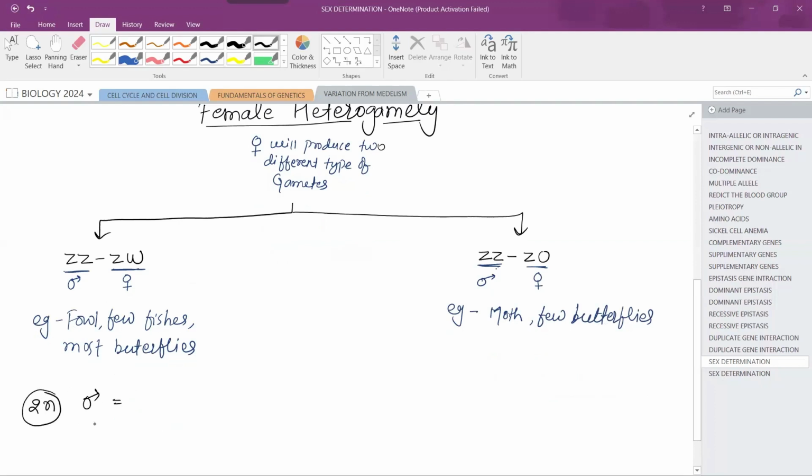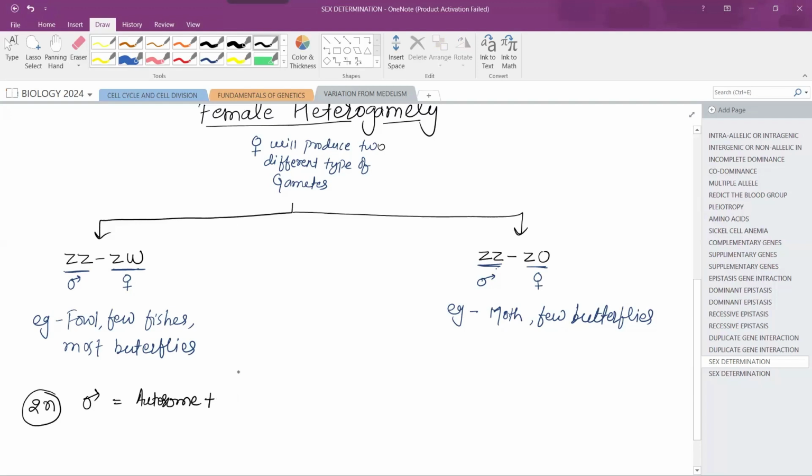Tell me. 40, that is pairs of autosome, or we can say only autosome, with how many, what is the combination of sex chromosome?